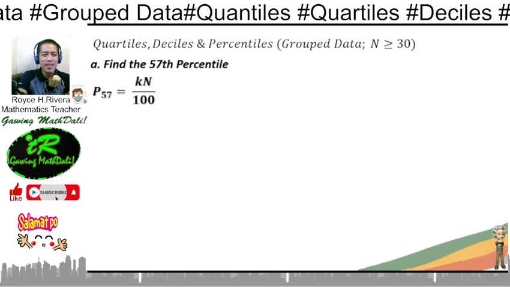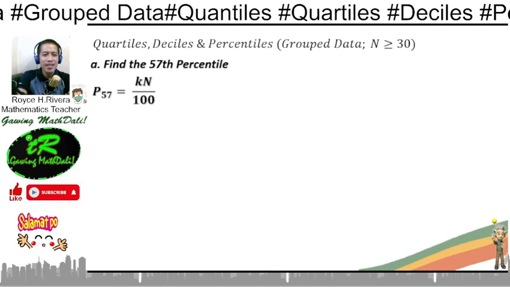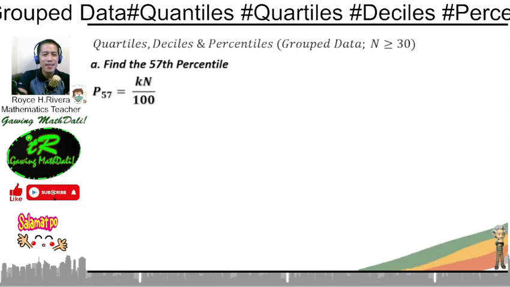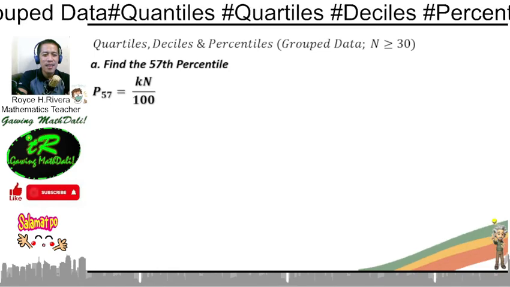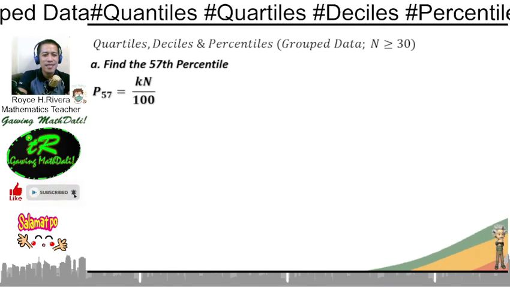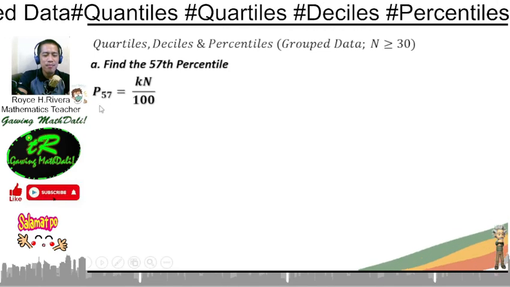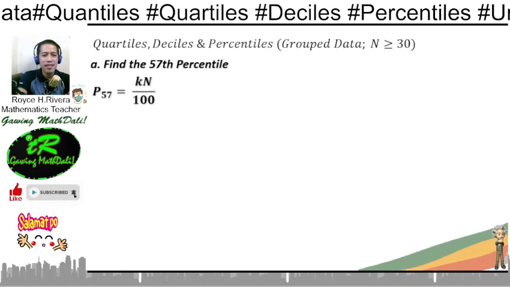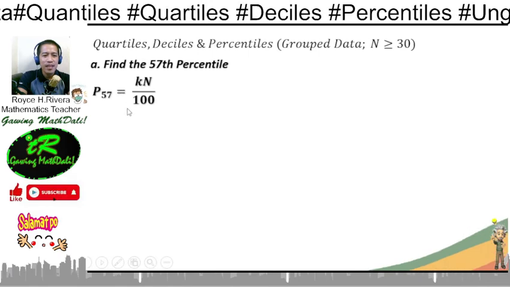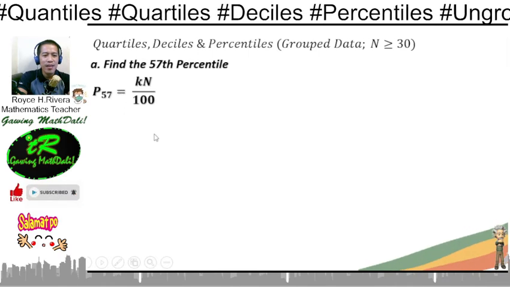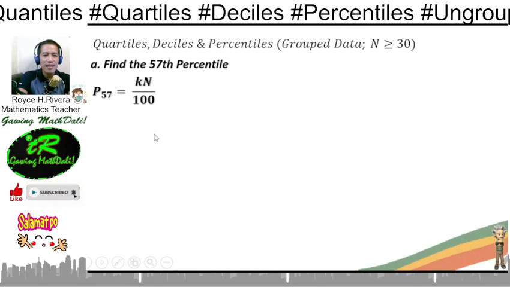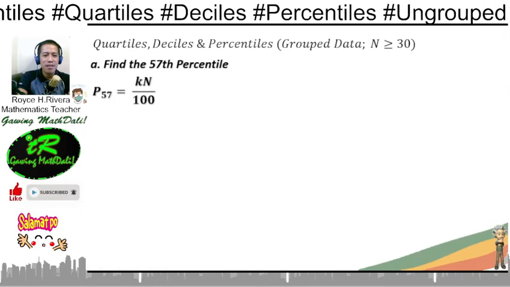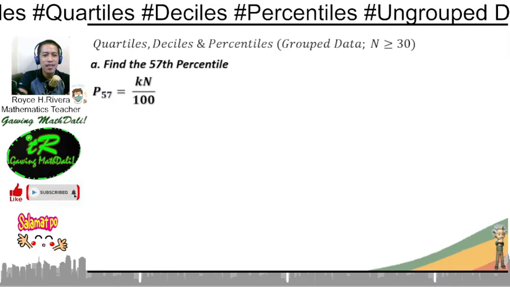Kailangan nating gawin is to get the position of the kth quantile, in this case, percentile 57. So we have P sub 57 or percentile 57 is equal to K times N all over 100. Alam natin kanina na ang ating number of data is 40.